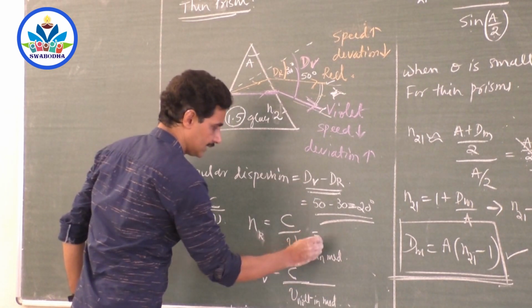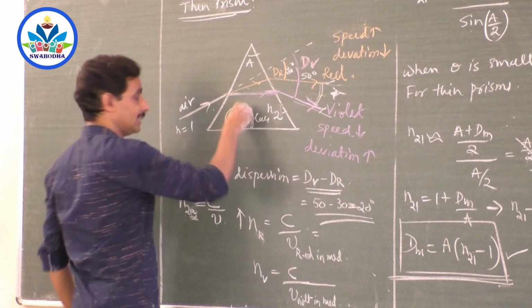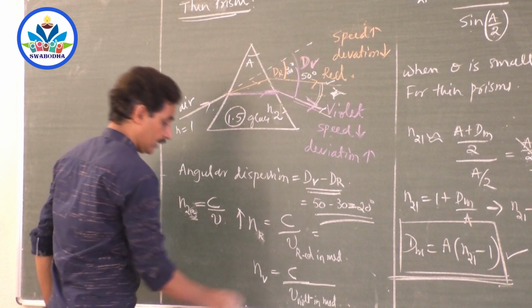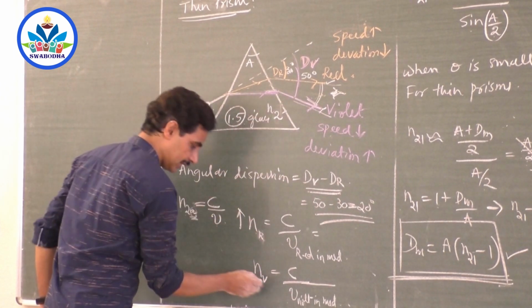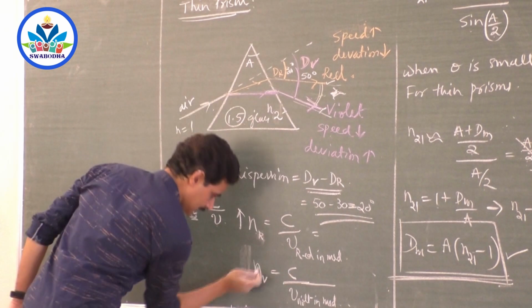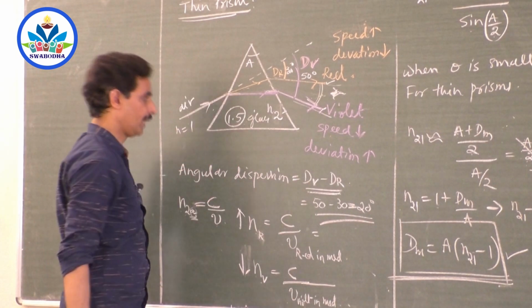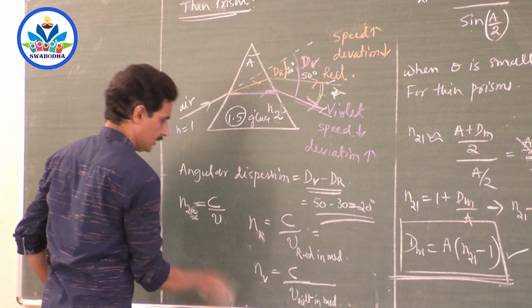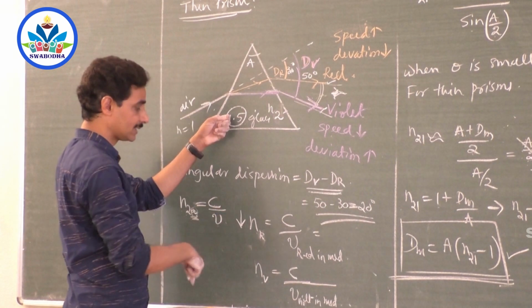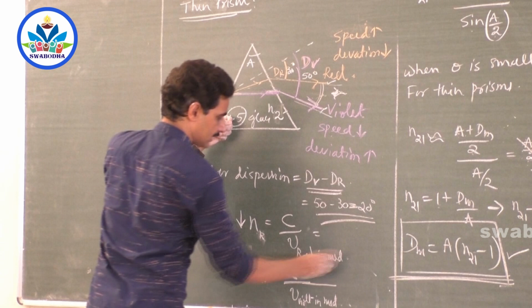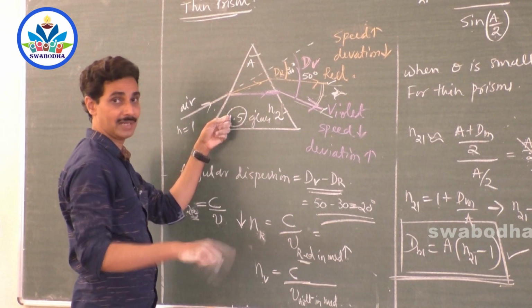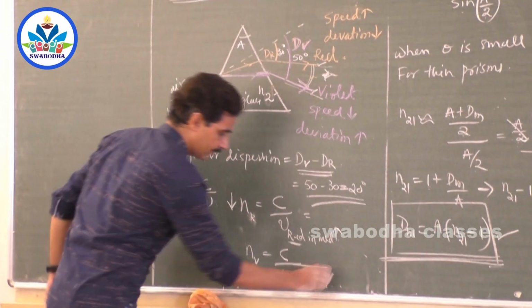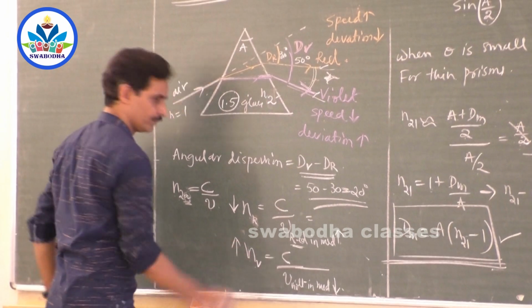So the refractive index of this medium calculated with respect to red color is less than the refractive index of the same medium with respect to violet color, because red travels with the most speed. Speed is most, bending is less. What about the refractive index of the same medium with respect to violet color? Violet travels with least speed, so refractive index is most.